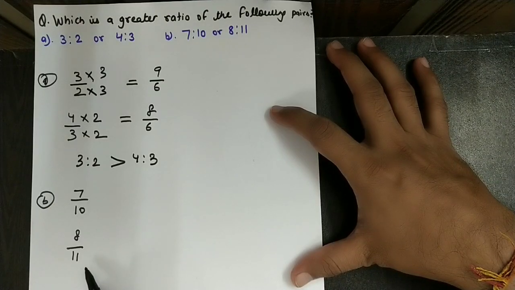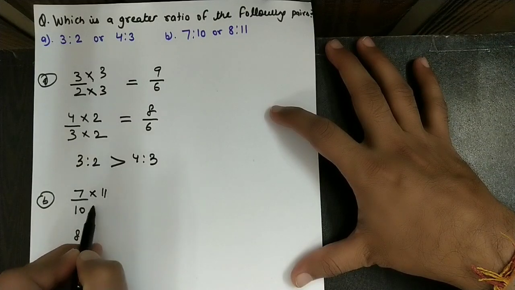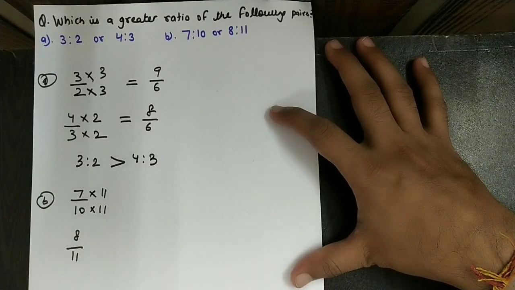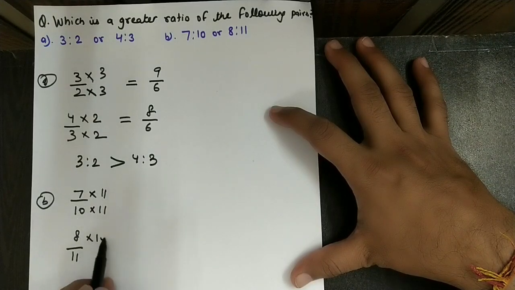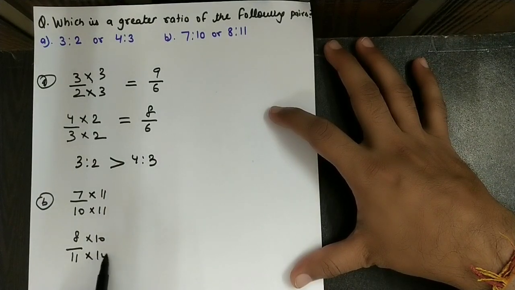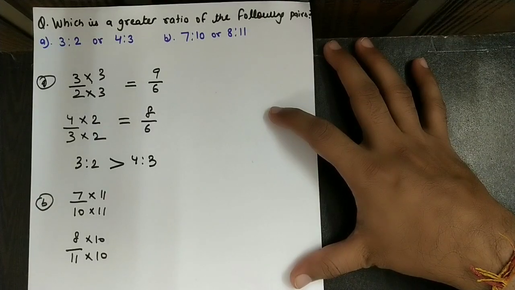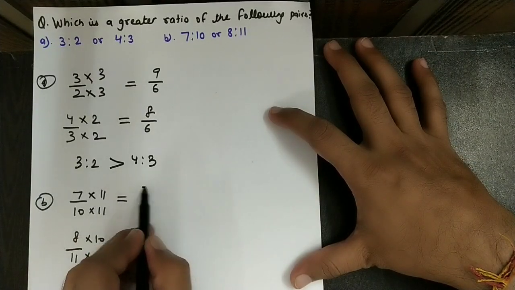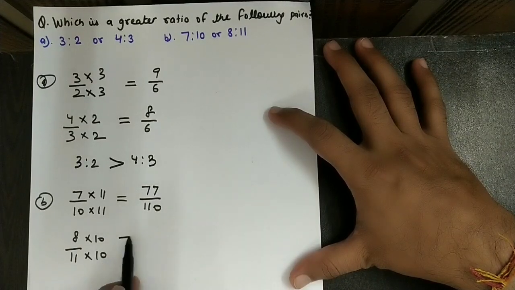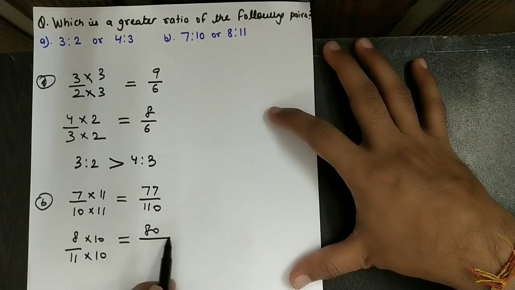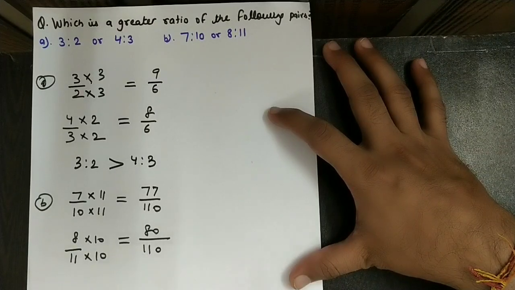The denominator is 11, so multiply both the numbers by 11, and here the denominator was 10, so multiply this ratio by 10. Here your answer is 77 divided by 110, and here your answer is 80 divided by 110.